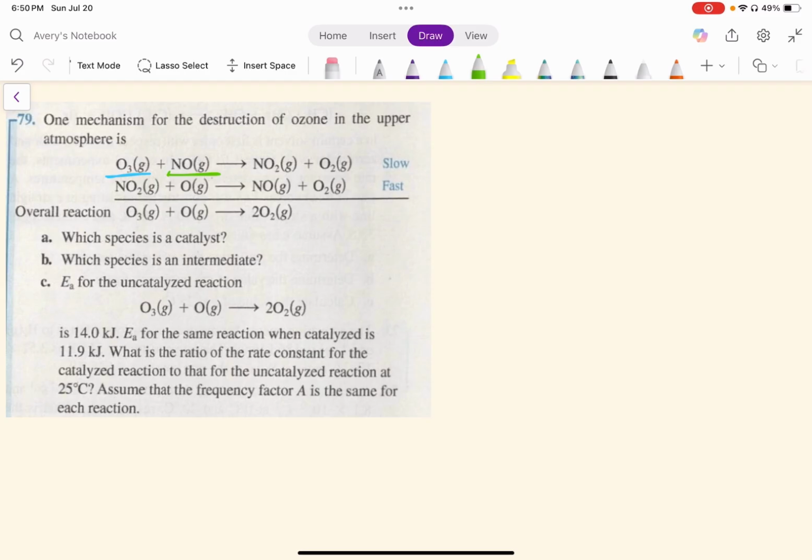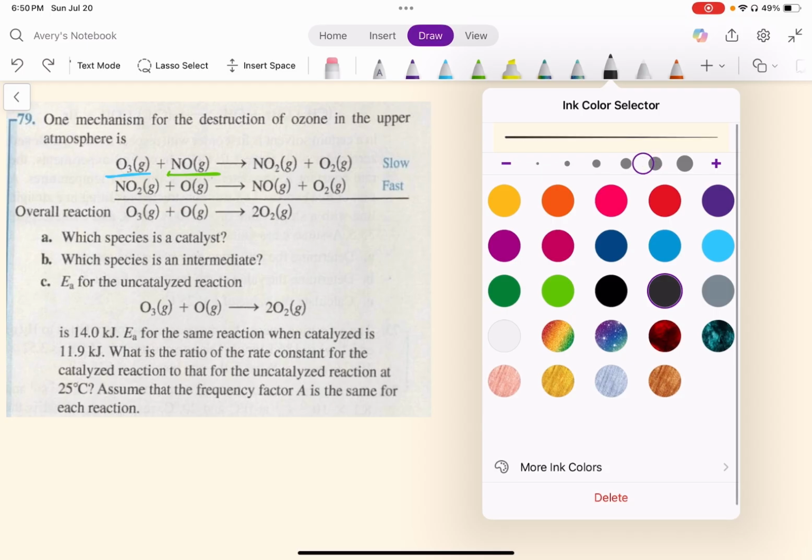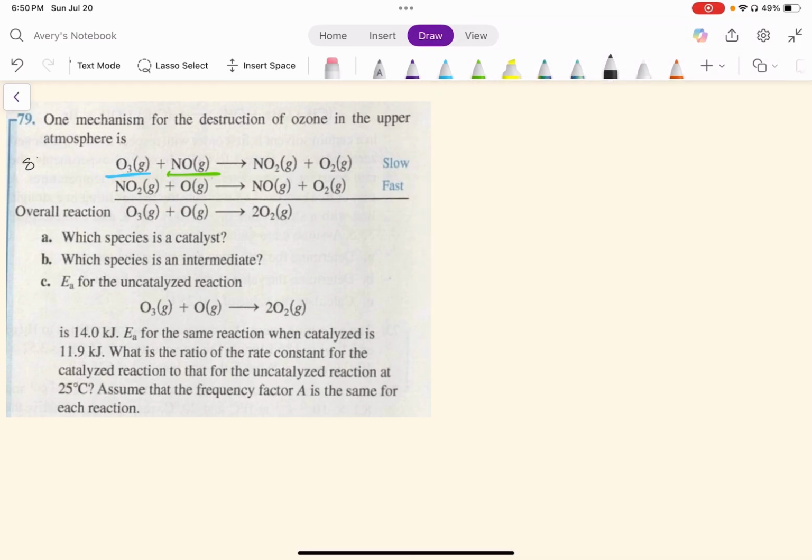So now you need to look at step 2. I'm going to label these: step 1, and this is step 2. When you look at the products of step 2, there is no O3.